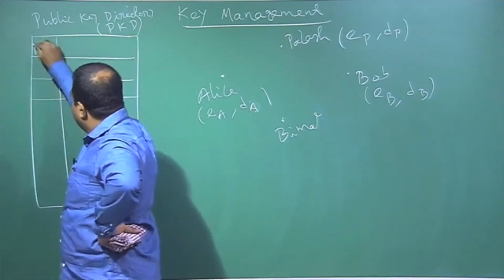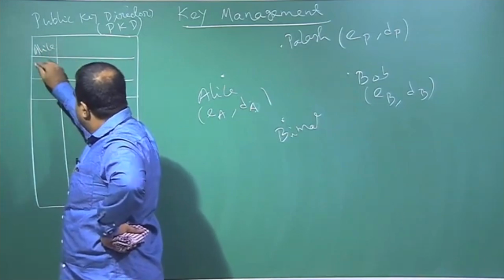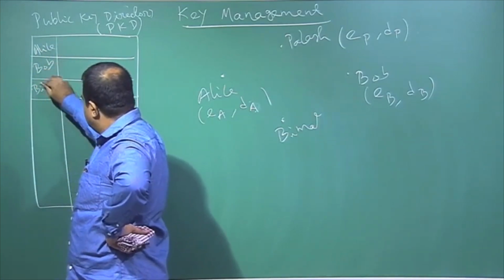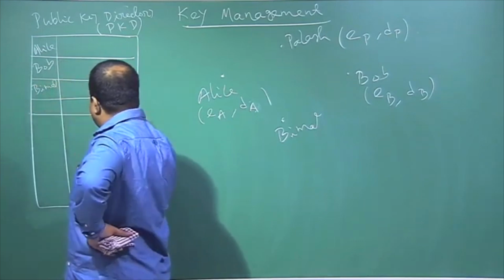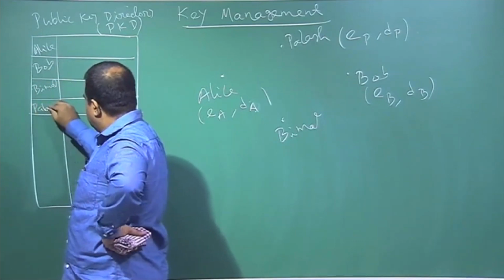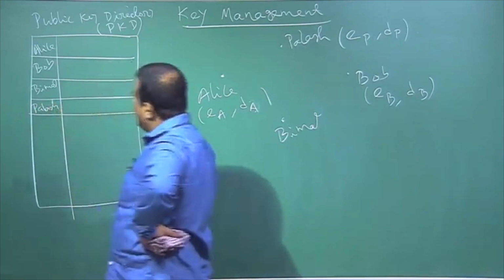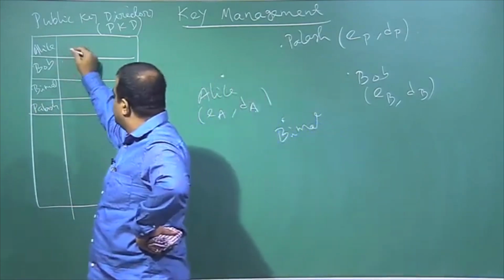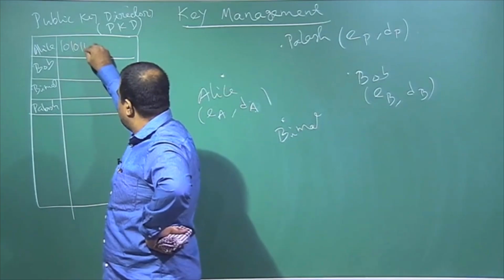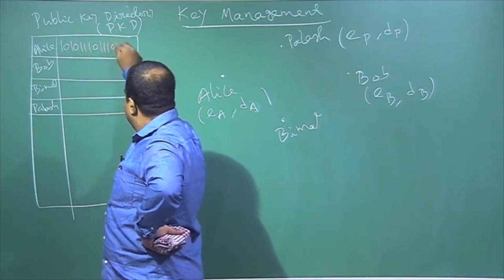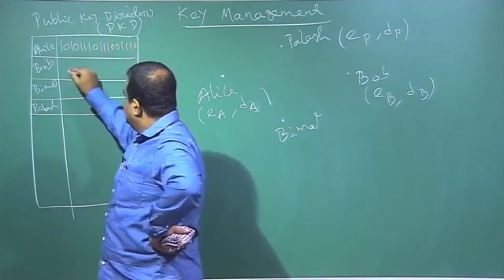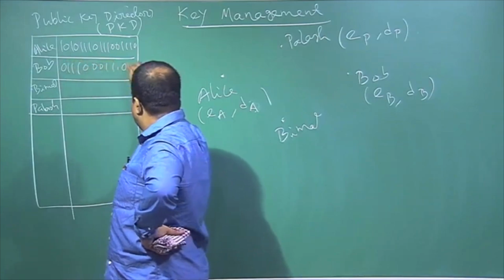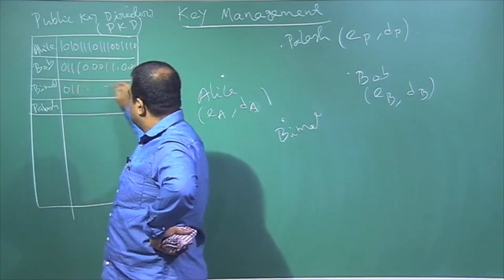So, Alice, Bob, Bimal, Palas, and once we have a public key, we will go to that directory and put that value. Suppose this is the public key of Alice, suppose this is the public key of Bob, like this.